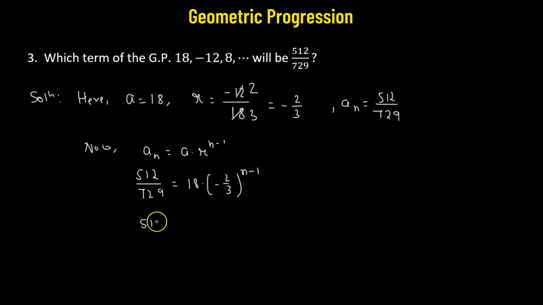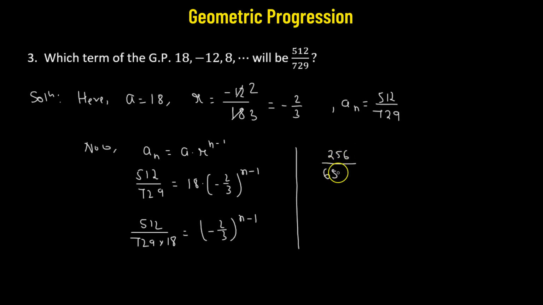So we have 512 divided by 729 times 18 equals negative 2/3 raised to the power of n minus 1. This is going to give us a value 256 divided by 6561 equals negative 2/3 raised to the power of n minus 1.